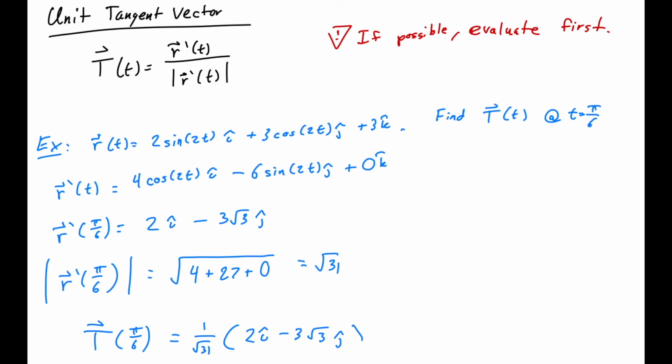Why do we say evaluate first? Well, if I try to find the length of r prime of t, what would that look like? That would look like the square root of 16 cosine squared 2t plus 36 sine squared of 2t, which is not the nicest function in the world, right?